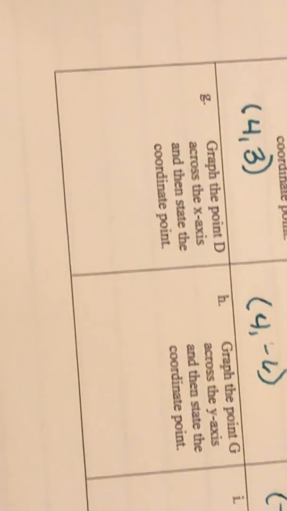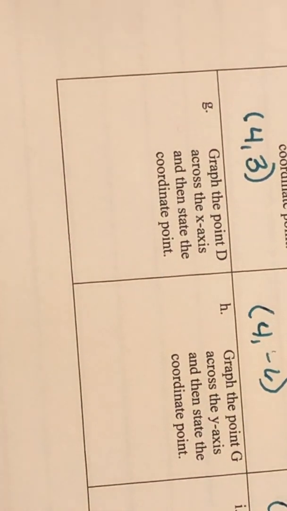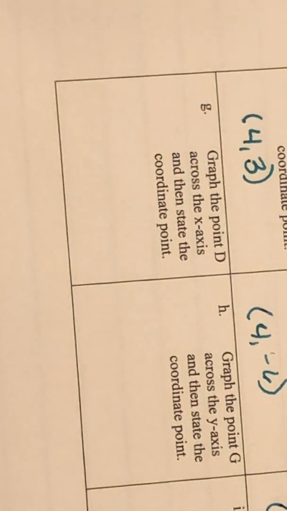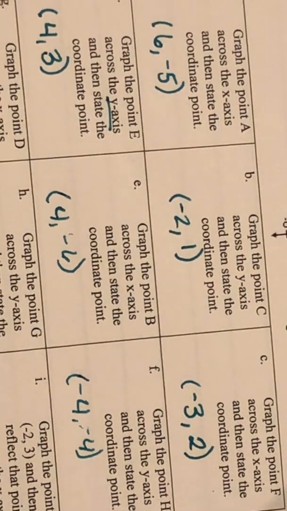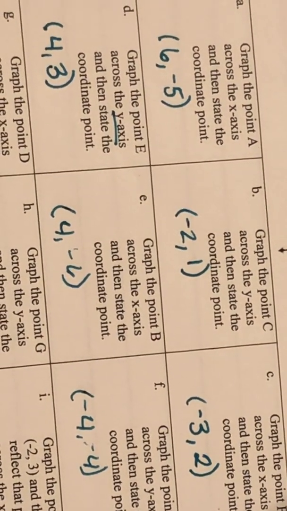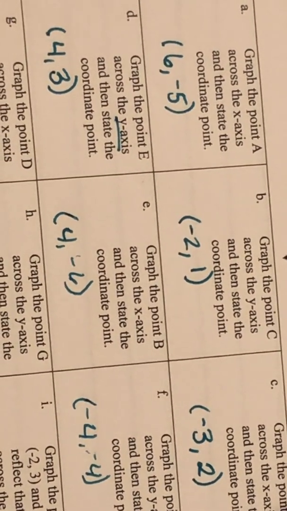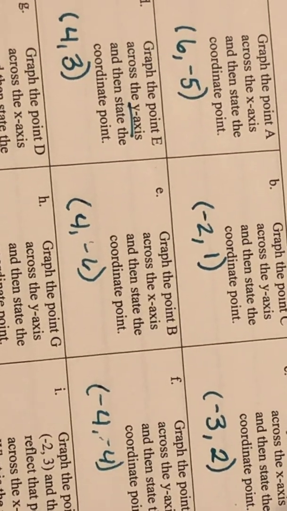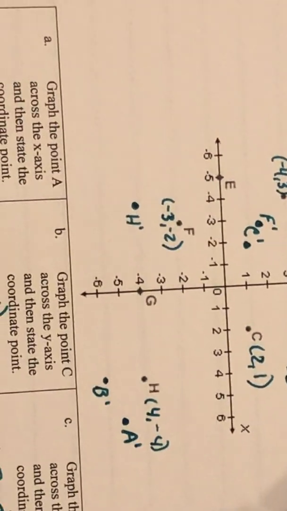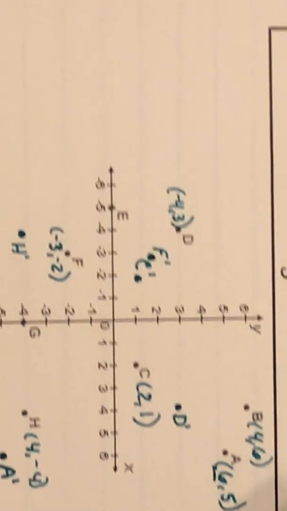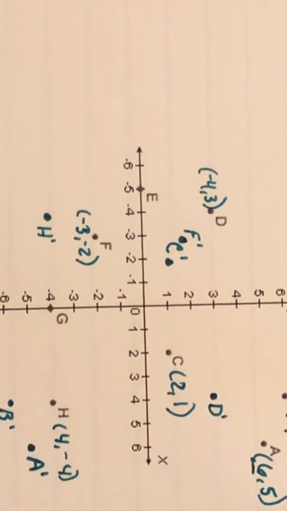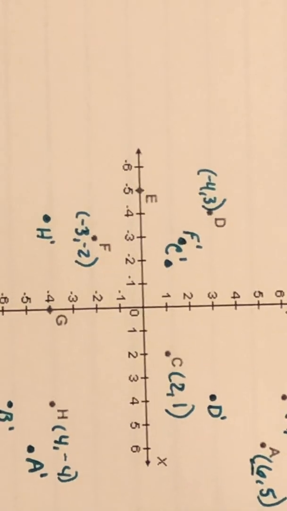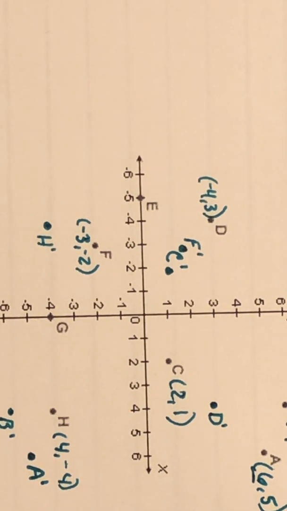G, graph the point D across the x-axis, then state the coordinate point. So there's letter D, (-4, 3). I'm going across the x-axis, so my x value stays the same.